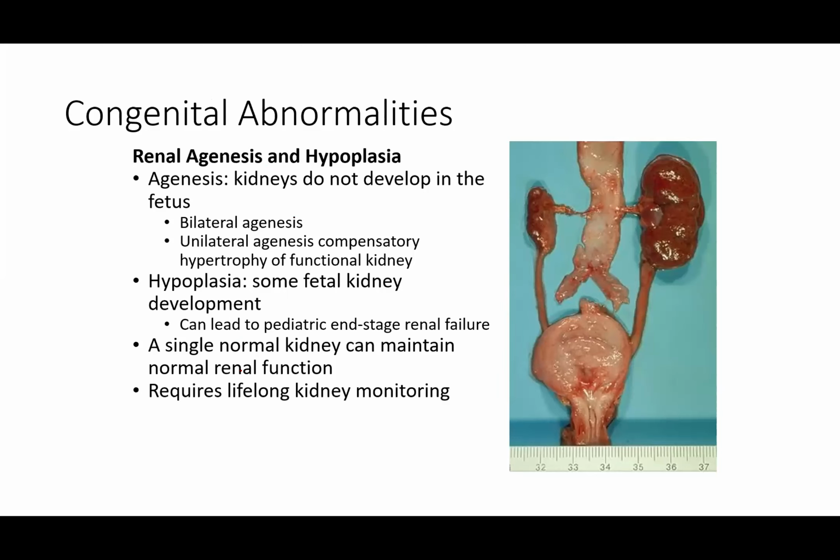An example of congenital would be an underdeveloped kidney. There you're seeing the kidney, the ureter, and then the urinary bladder.